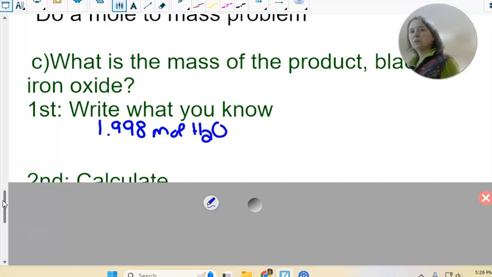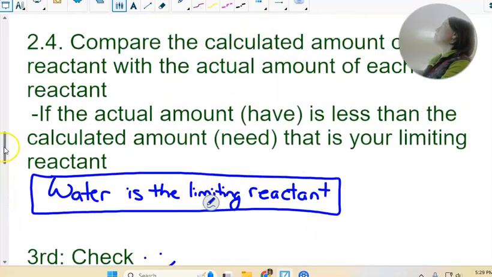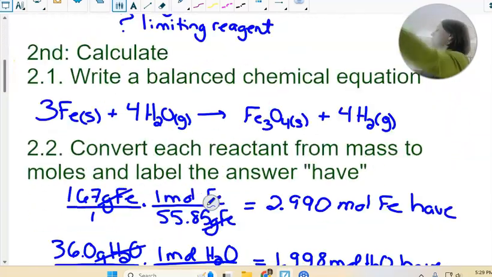We could write the original quantity, 36.0 grams of water, but then we'd have to do our mass to mole conversion, which we've already done. And I'm trying to find the grams of product, which is black iron oxide. I believe that one is Fe3O4.